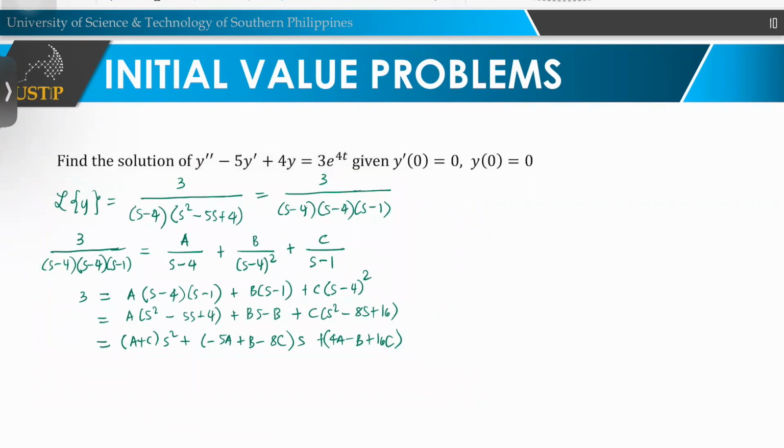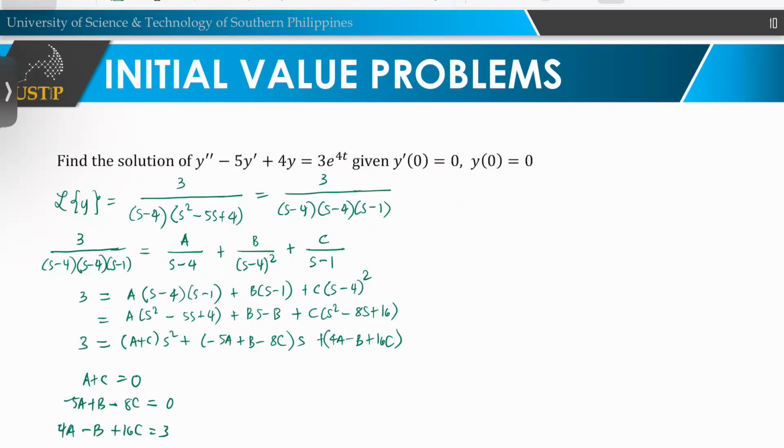Okay, after which class, we can have 3 equations, 3 unknowns. We have A plus C is equal to 0, negative 5A plus B minus 8C is equal to 0, and finally we have 4A minus B plus 16C is equal to 3.